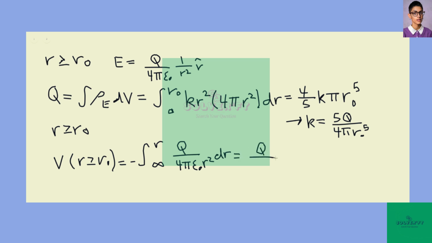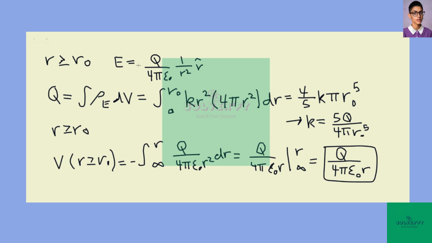We'll end up with q over 4 pi epsilon naught r evaluated from infinity to r. The infinity part simply is 0 because 1 over r, where r is infinity, is 0. We are left with the result q over 4 pi epsilon naught r, which is not unexpected. So far everything is normal, nothing too spectacular. E looks like that of a charged sphere with some charge Q. So does the potential. It's inside the sphere where things will get a little bit interesting.